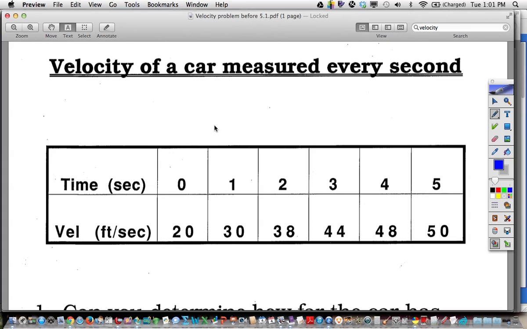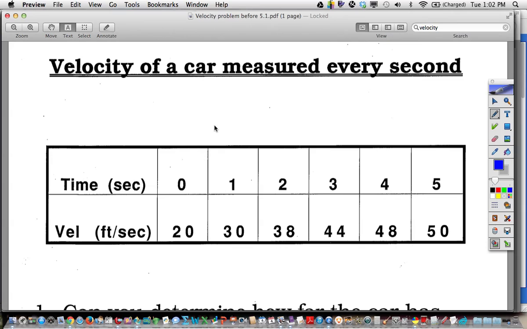And 30 feet per second for 1 second goes 30 feet, right? So what you're saying is not without merit. 38 feet per second for 1 second is 38. You add them all up. Now the problem is, how many numbers is that? That's actually 6 numbers. But how many seconds is this interval? It's only a 5-second interval.